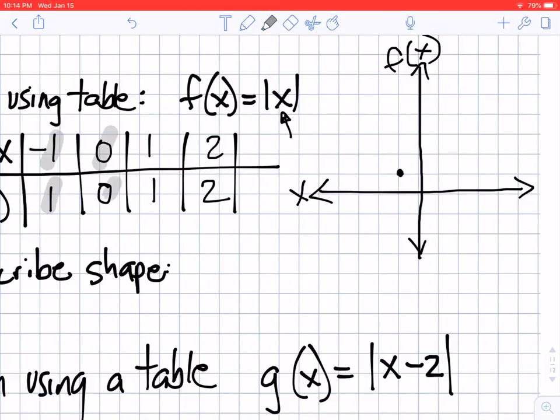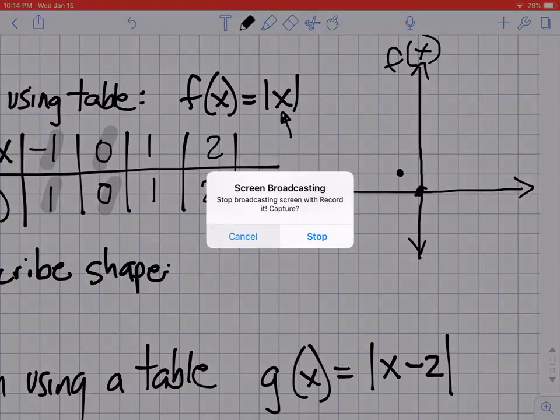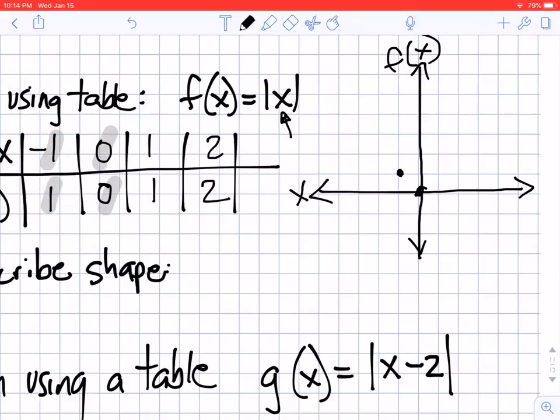Then we look at 0, 0. And 1, 1. And 2, 2. Now if I join these dots, I can see that the pattern is going this way.